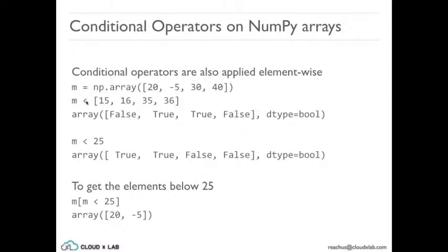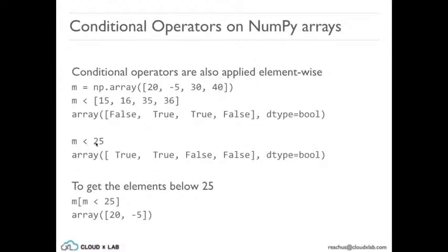I can just say m is less than this, and the result would give me the result of the comparison. It compares 20 and 15, so 20 is greater than 15, so that result is false. Minus 5 and 16, minus 5 is smaller, so that is true. 30 and 35, 30 is smaller, so that is also true. 40 and 36, that is not true, so I have false.